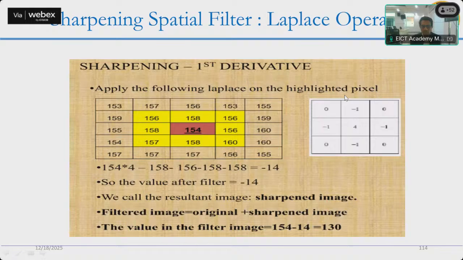I repeat the question. For example, 154 is the original pixel value. When we apply the first order derivative, what will be the resultant pixel intensity?